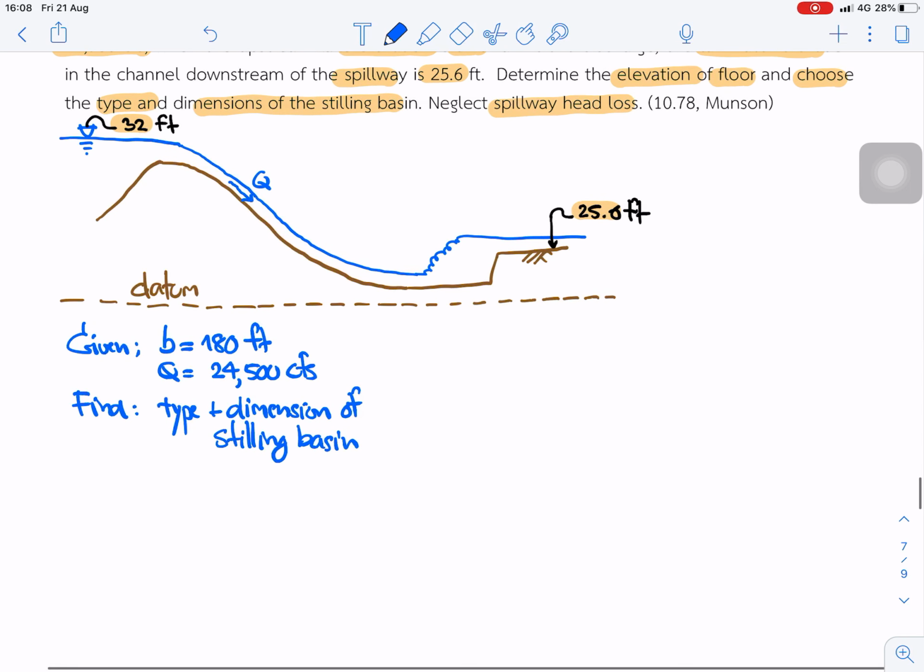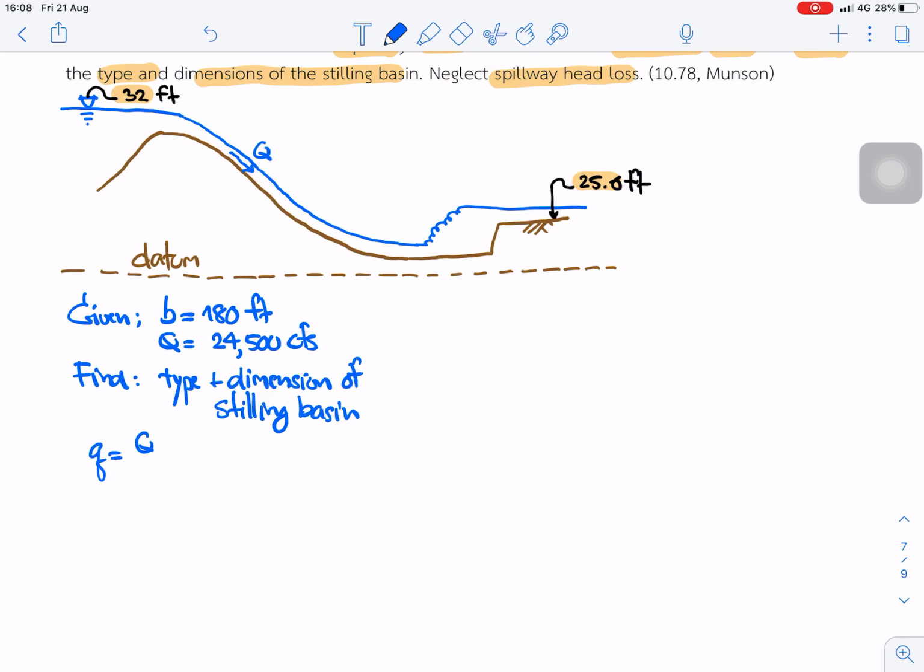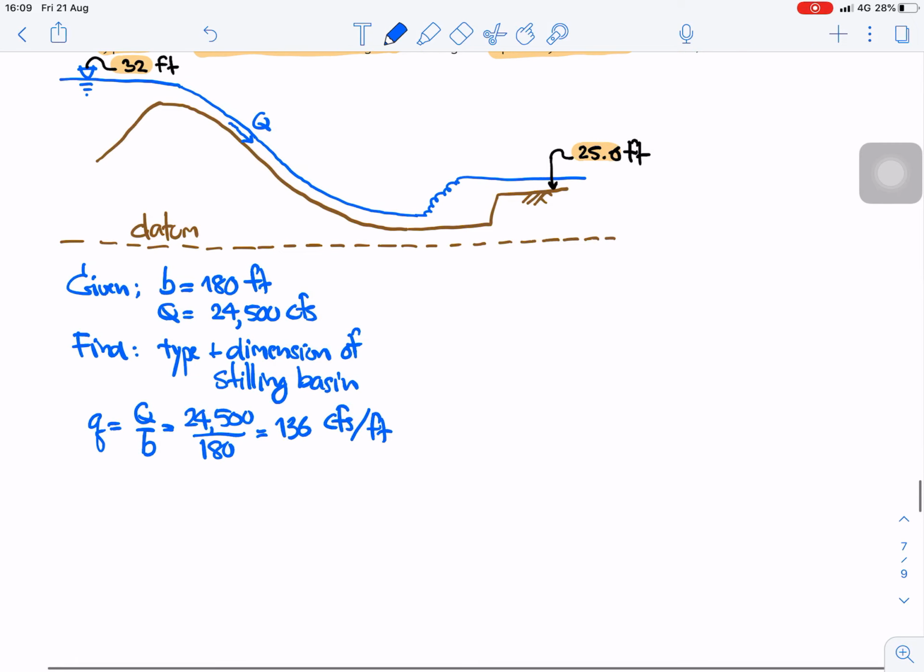So we start with the flow per unit width, which is Q divided by B. Q is 24,500 divided by 180, and we get 136 cubic feet per second per foot, or if we convert to cubic meters, about 12.6.